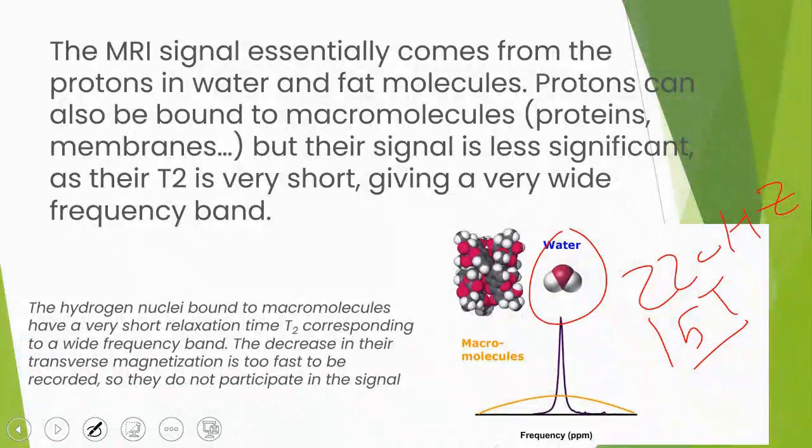We said 220 Hertz at 1.5 Tesla. So in this scenario, with this difference, you can precisely determine the frequency of fat at that specific time. If you apply a pulse that saturates the signal from the fat, then you have managed to eliminate the signal coming from the fat molecules only and exclusively.